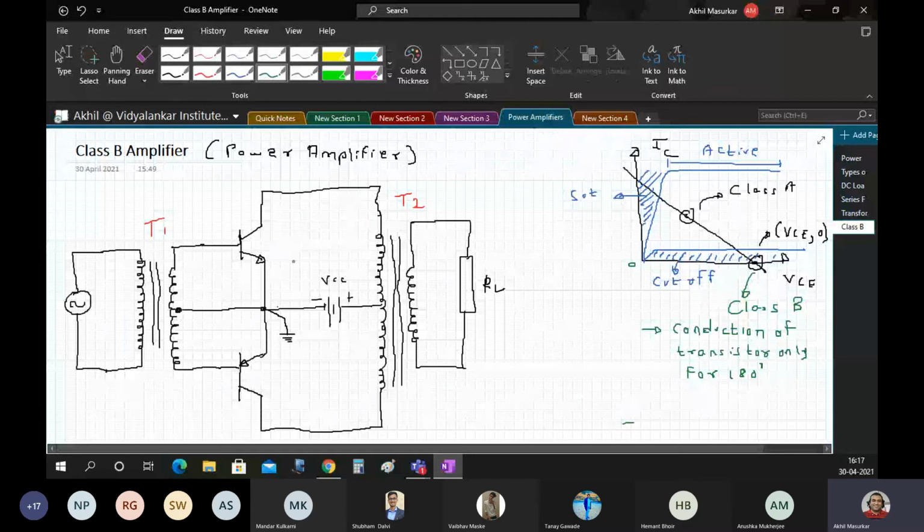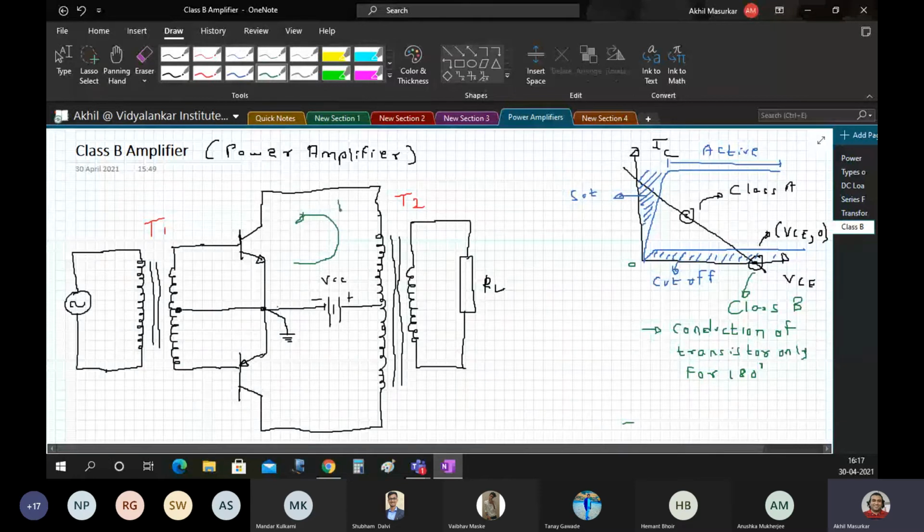So two currents flow. One I will say IC1, that is collector current, collector, emitter, and this is base, and this is again emitter, base, and collector.